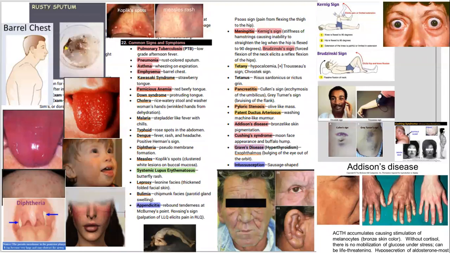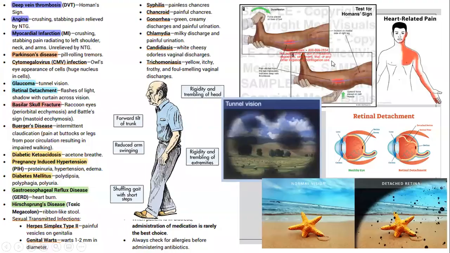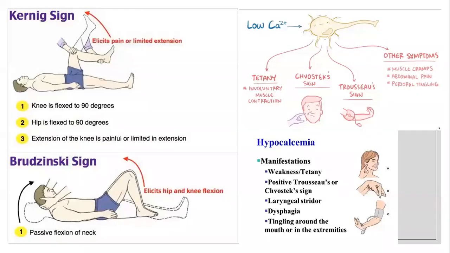So how can we diagnose? We diagnose by Kernig's sign and Brudzinski's sign. Both should be positive. Let me explain one by one.